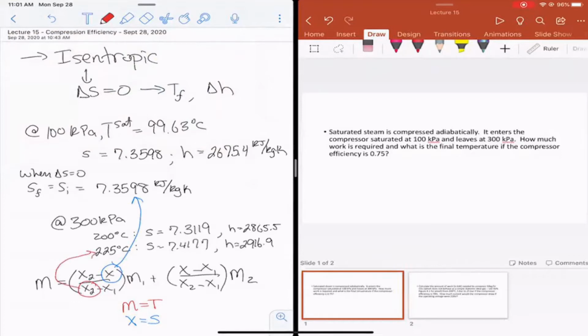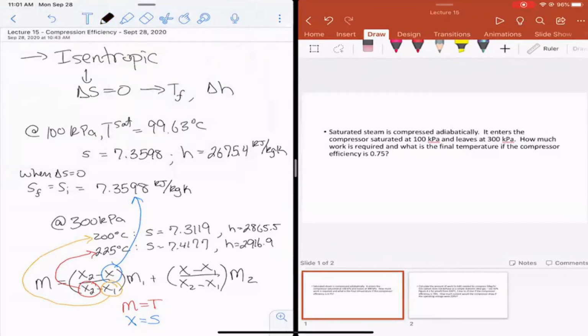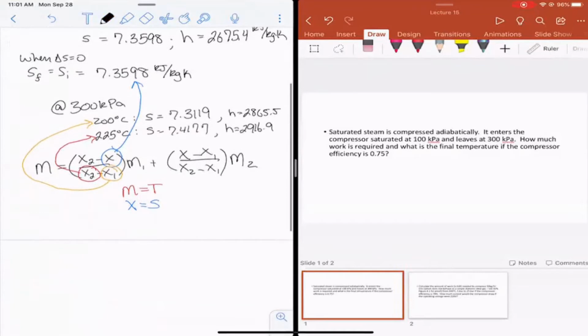And X1 is the entropy in the other state; by convention, I always use the lower temperature as 1 and the higher temperature as 2. So let's apply this equation to the data that we have.